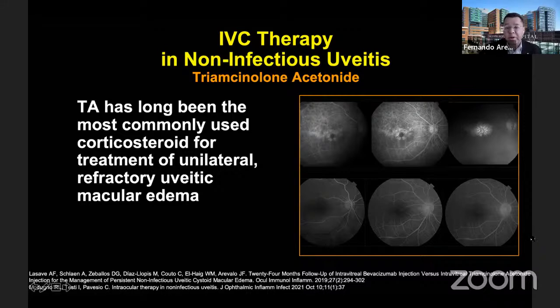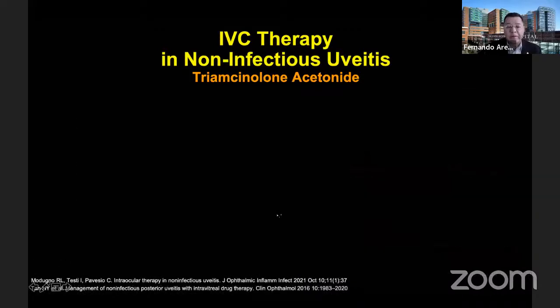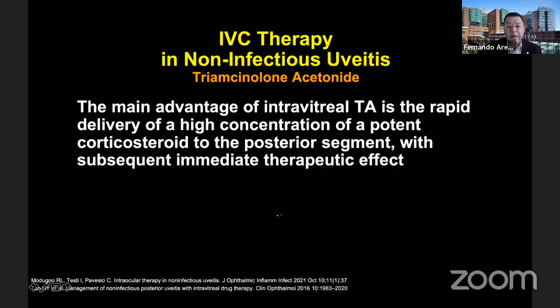You can see an example here from one of our studies that showed the macular edema resolution, and it seems to be very effective. And the main advantage of intravitreal triamcinolone is a very rapid delivery of a high concentration of this very potent corticosteroid to the posterior segment with very rapid effect.